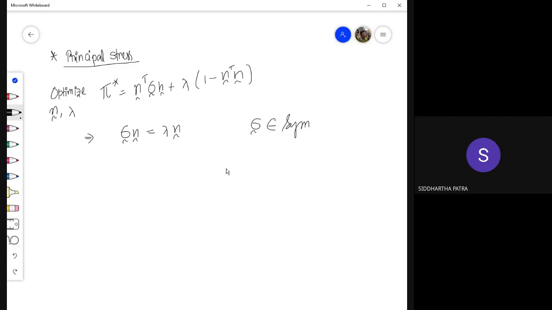So we are supposed to now solve this equation to get the corresponding values of nx, ny, and nz. So this n vector is nx, ny, and nz. But if you notice carefully, this is a set of homogeneous equations.